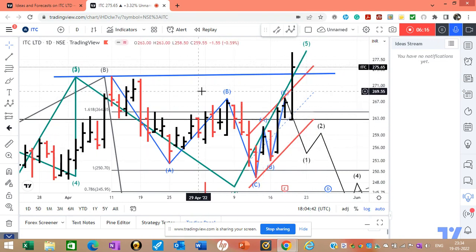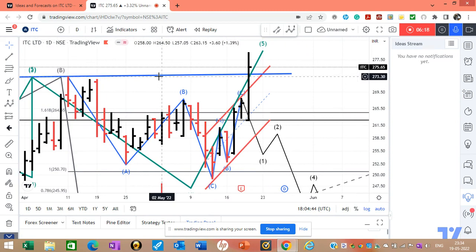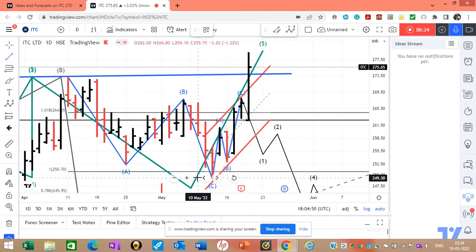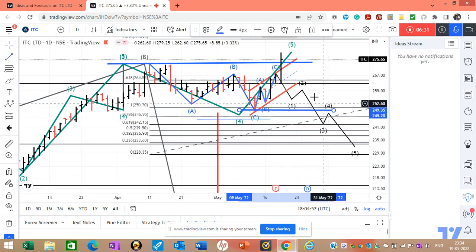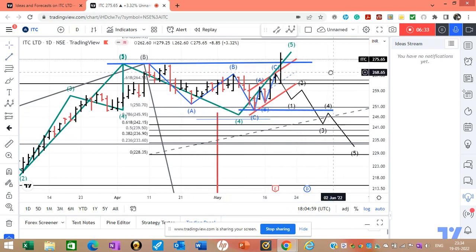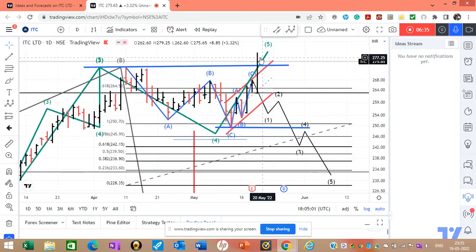Within a period of 6 days, 5 trading days are left, I'm expecting this much decline, because whenever you have an ending diagonal pattern, wave theory says the decline is sharp and it is till the start of the ending diagonal pattern.